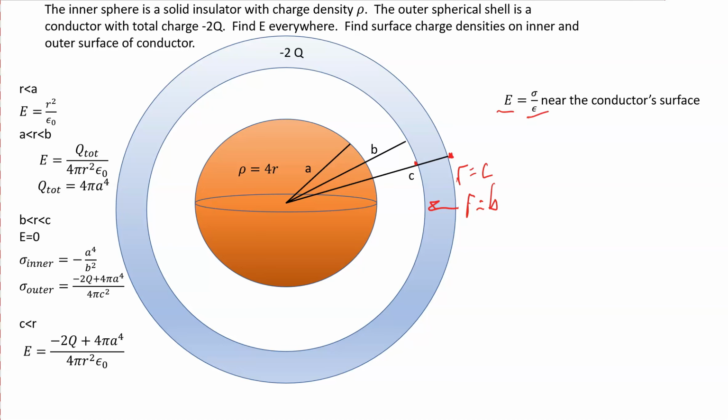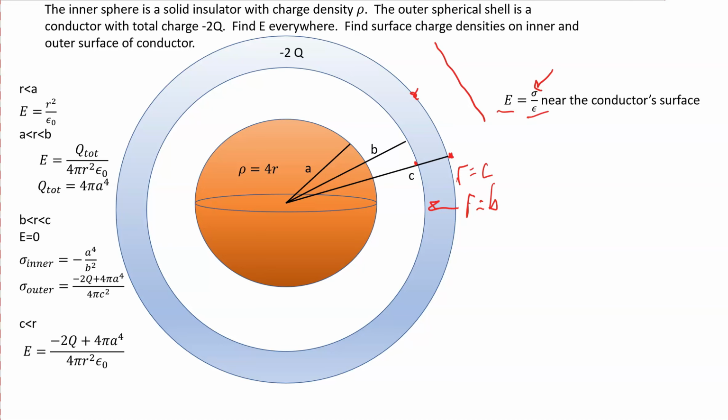When you get really close to the conductor's surface, it looks like an infinite sheet. And if you remember, the electric field due to an infinite sheet looks like sigma over epsilon naught. Technically, it looks like sigma over 2 epsilon naught if you have both sides. But the point I'm making is it's not surprising that the electric field looks like the electric field from an infinite sheet when you are very, very close to these things.